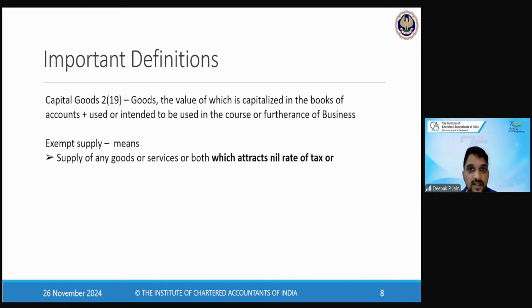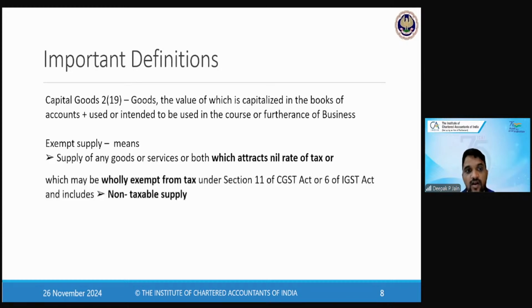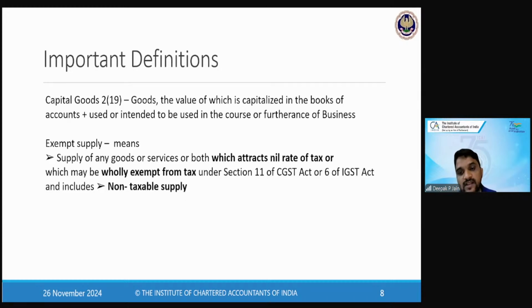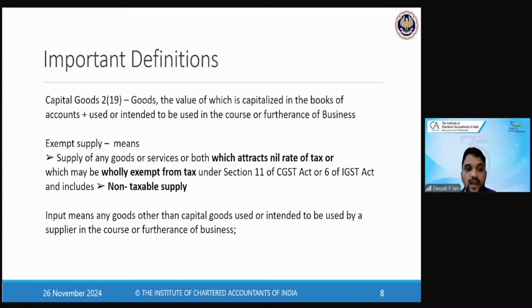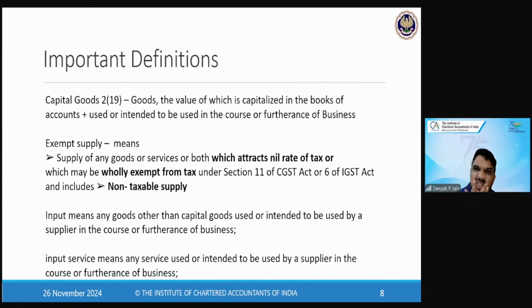Exempt supply means supply of any goods or services which attracts nil rate of tax or which may be wholly exempt from tax under Section 11 of the CGST Act or under Section 6 of the IGST Act, and it includes non-taxable supply also. And input shall mean any goods other than capital goods which is used or intended to be used by the supplier in the course or furtherance of business.